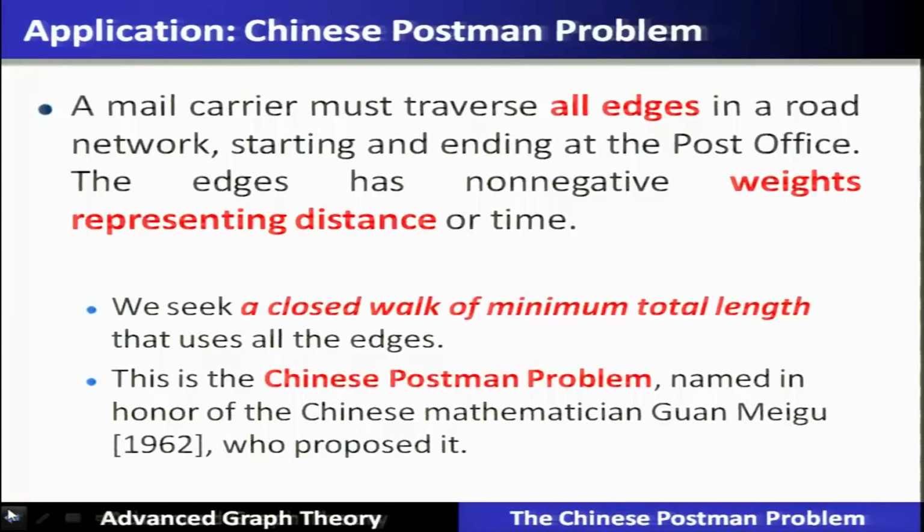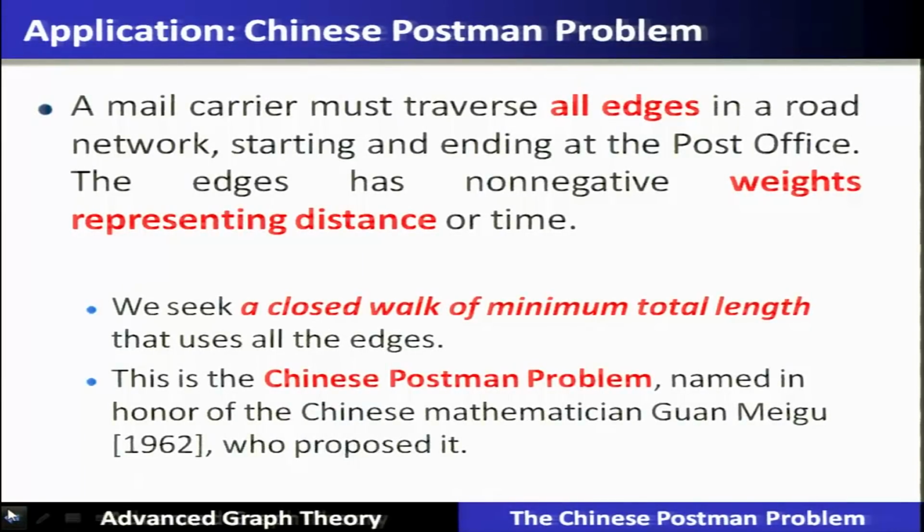A mail carrier must traverse all the edges in the road network, starting and ending at a post office. The edges have non-negative weights representing distance or time. So we seek a closed walk of minimum total length that uses all the edges.